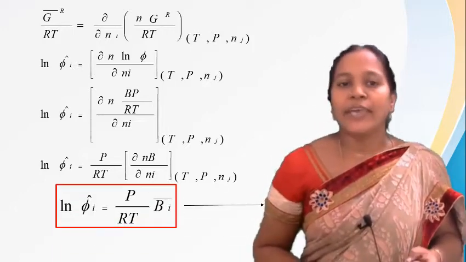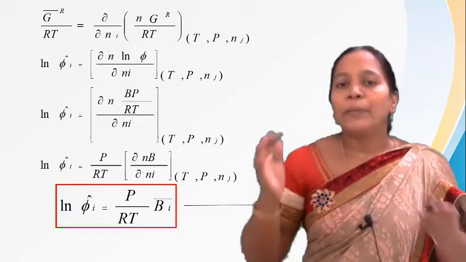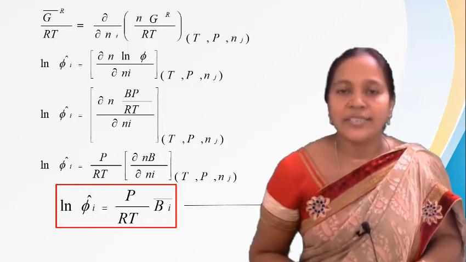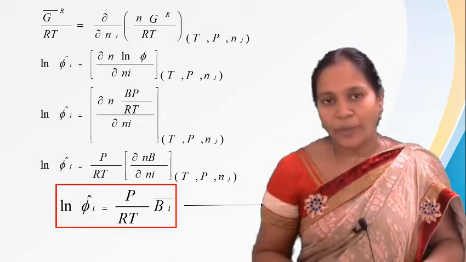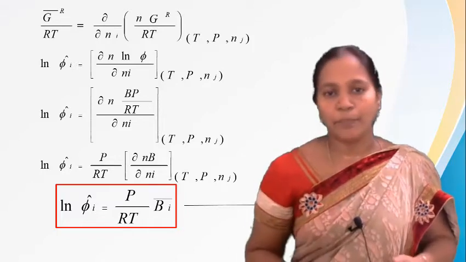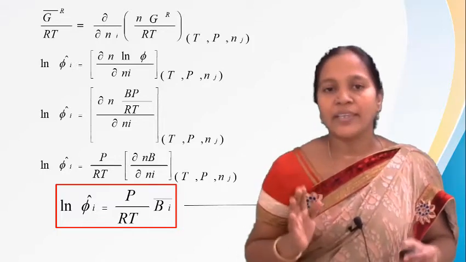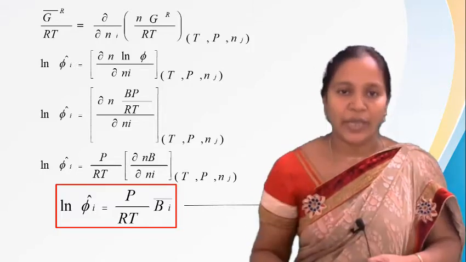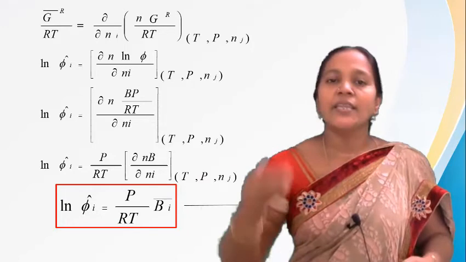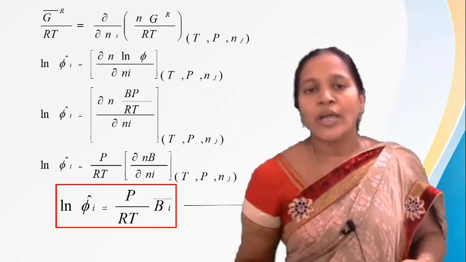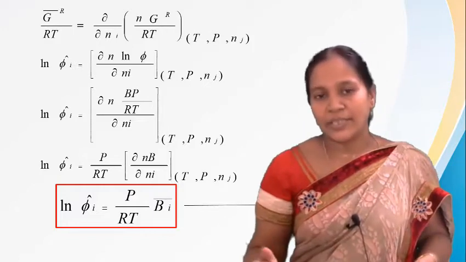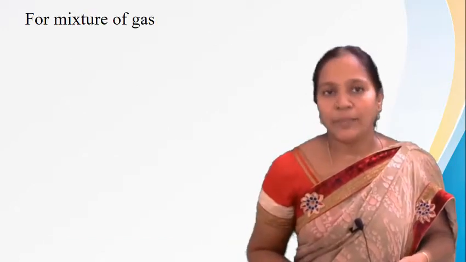Therefore, ln phi i cap is equal to P by RT Bi bar. Here Bi bar is the partial property. Previously, we know the definition of partial property, that is Bi bar is equal to dou nB by dou ni. Partial property is defined as change in property with respect to number of moles. Therefore, ln phi i cap is equal to P by RT Bi bar.